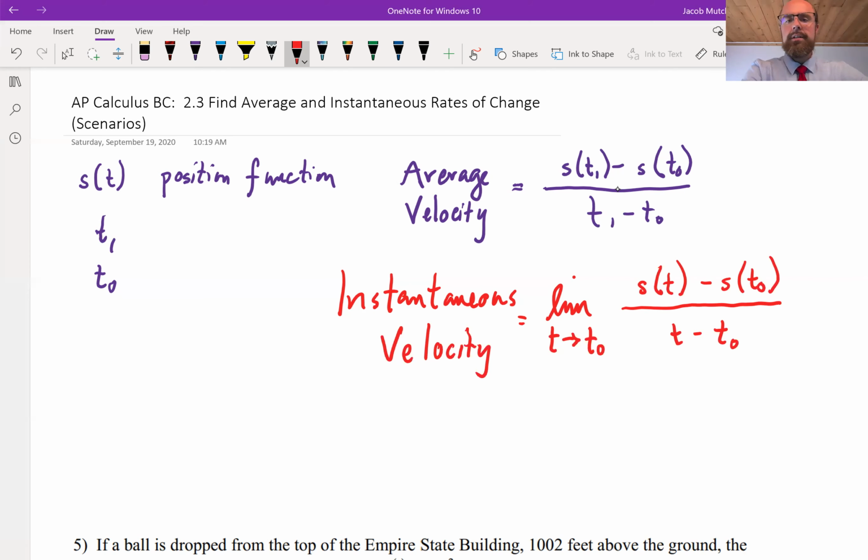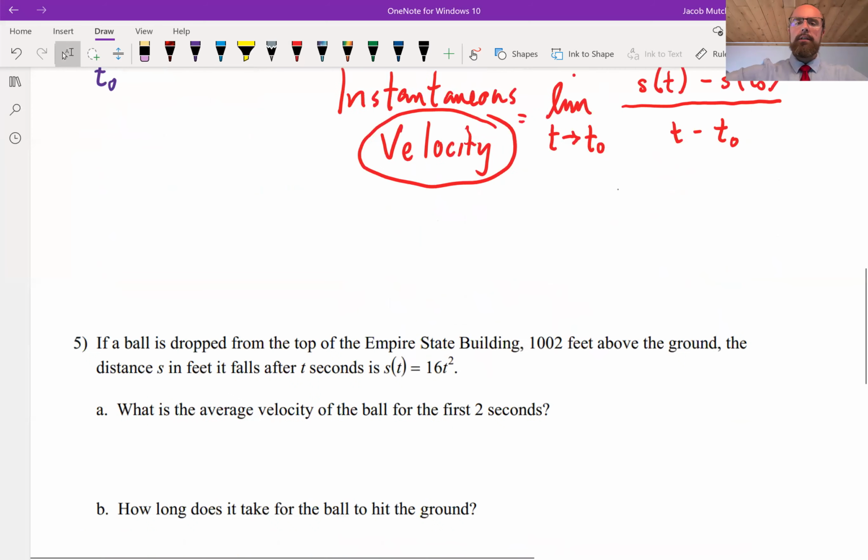So as you can see, these average velocity, instantaneous velocity really do look identical to our average rate of change, instantaneous rate of change. Just a word about wording. Instantaneous velocity is often referred to as simply velocity. If they're talking about average velocity, the writers will use the words average velocity.